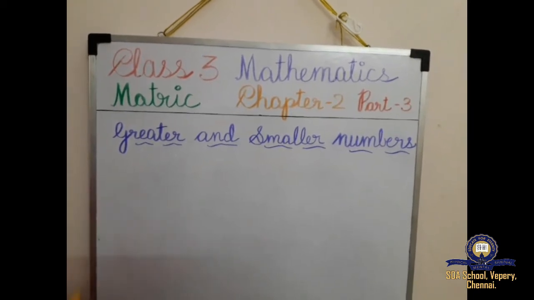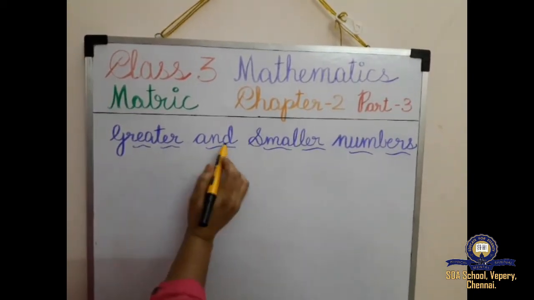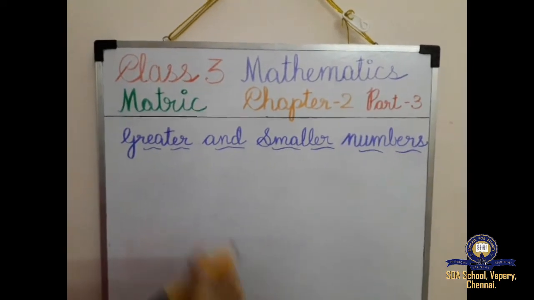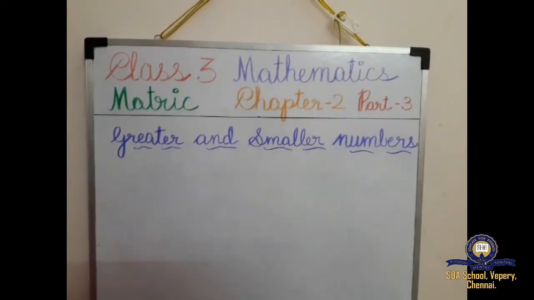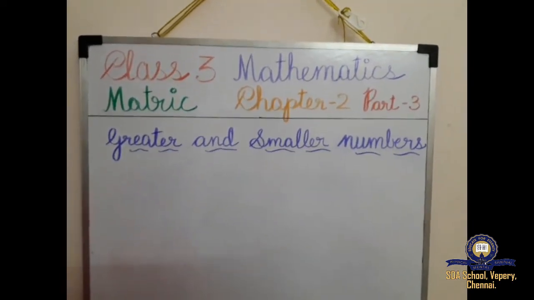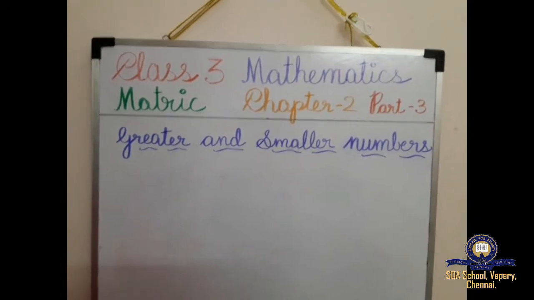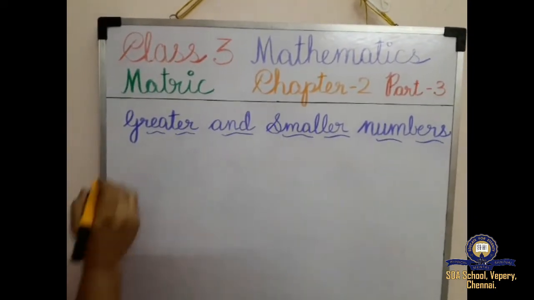Now the next topic is greater and smaller numbers. Greater number and smaller number. So how can we identify a greater number and a smaller number? Let's see one example.